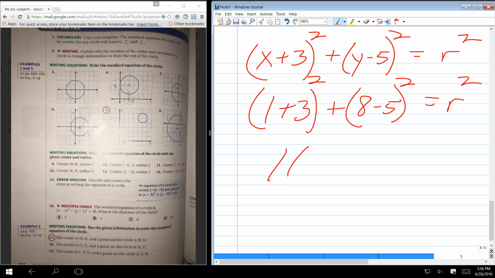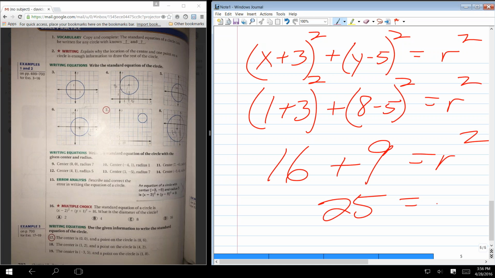Well, that's 16 plus 9 equals r squared. R squared is 25. And notice you don't really need to solve for r. I don't need r. What I need is r squared, and I've just solved for it. So I'm just going to go back to the equation and put in 25.